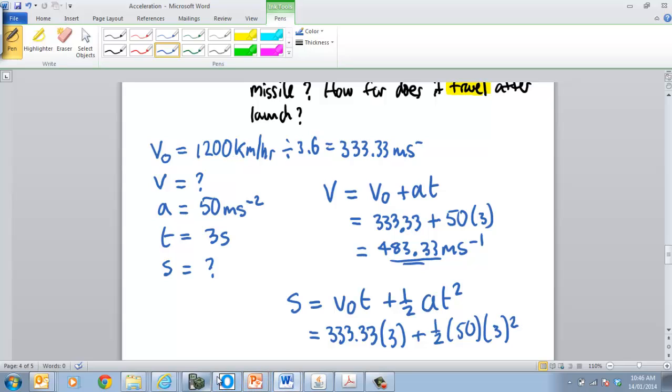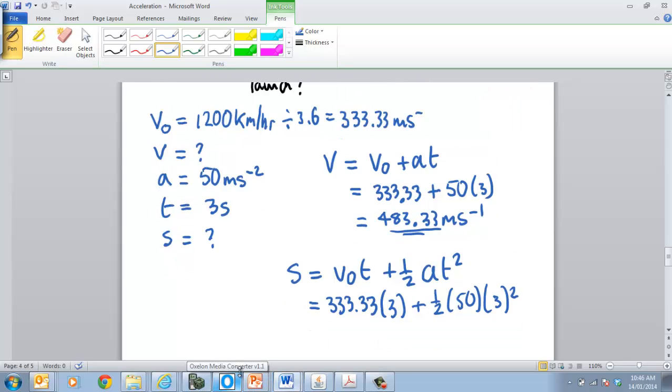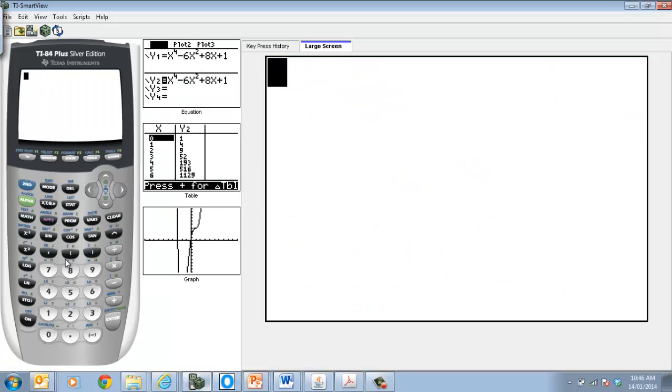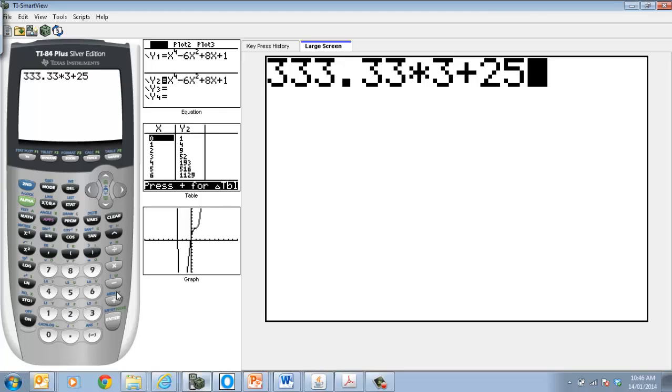So again, I go to my calculator and I can put that in and do it in one step. So just clear that. 333.33 times 3, plus a half of 50, which is 25, times 3 squared, which is 9.